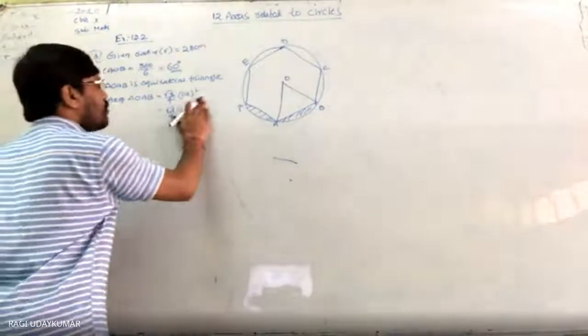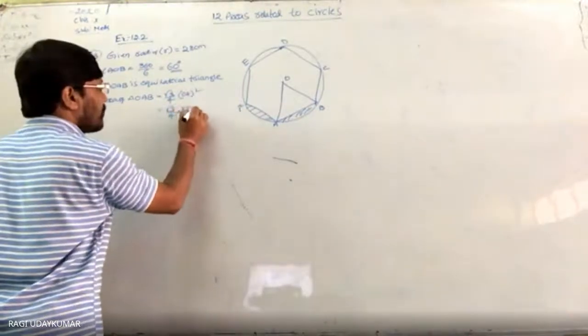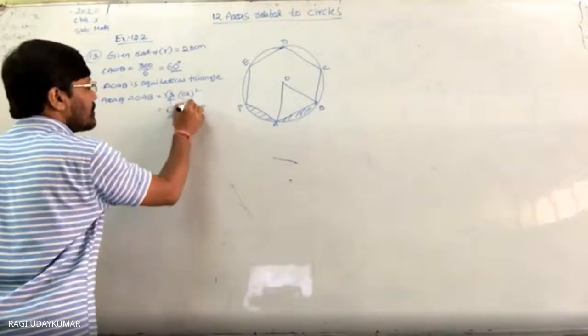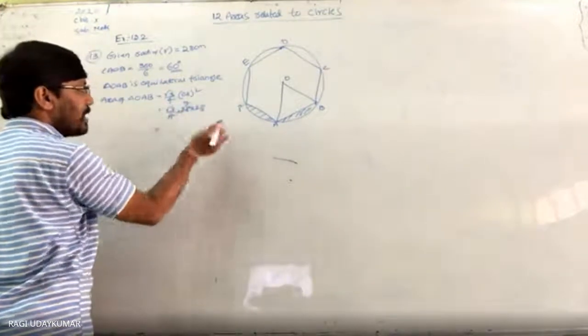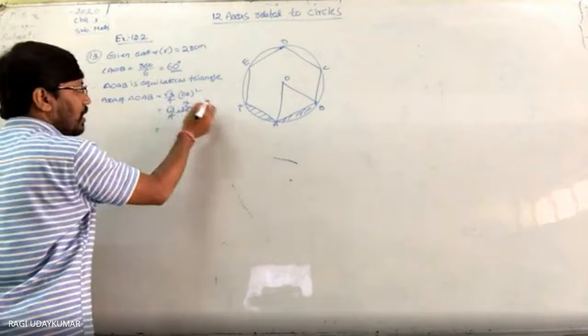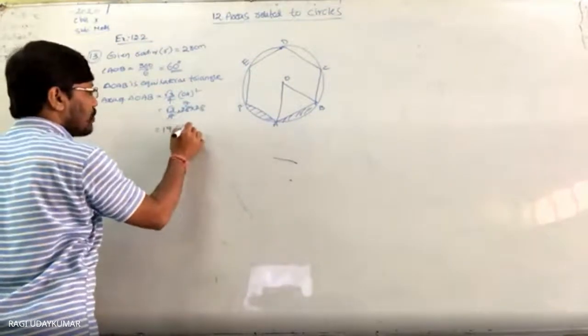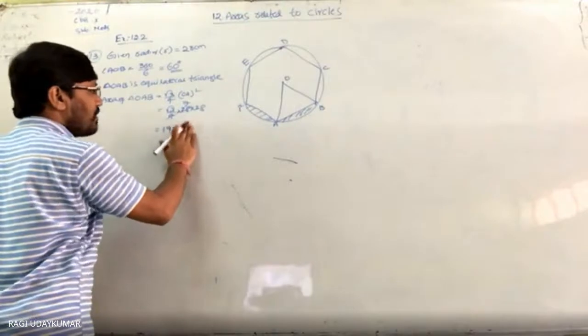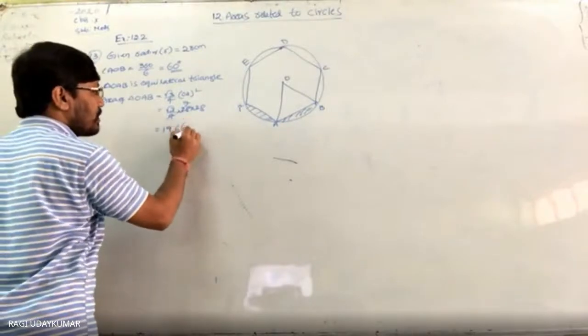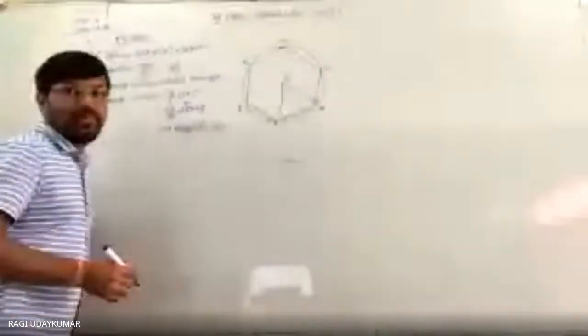So 28 into 28, 28 into 7, 196 root 3. And root 3. So this you have to multiply, 6 square centimeters.